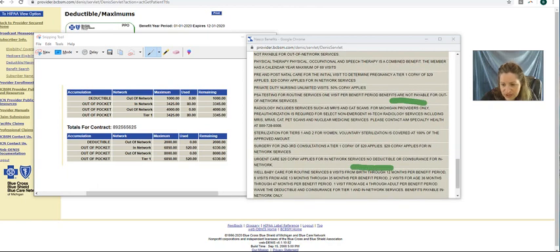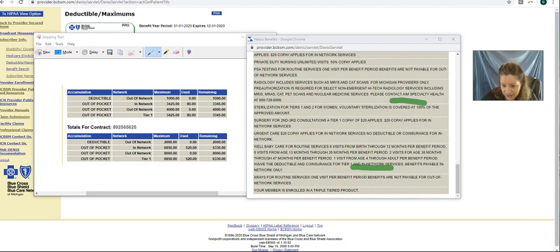Okay, so let's just say something says it applies to deductible. Although I see a lot of no deductibles, but she does have a deductible on her policy over here. So I pulled that up. She has an out-of-network deductible of $1,000, but she has no in-network deductible. So as long as she sticks to Blue Cross providers, she'll never have a deductible.